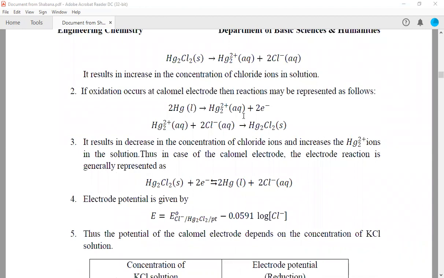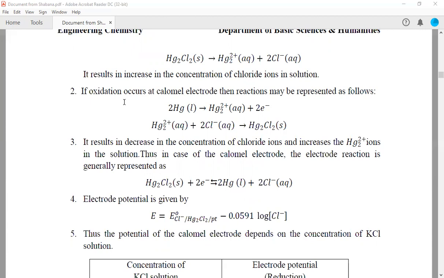Afterwards, Hg2Cl2 gives rise to Hg2 2+ and 2 Cl-, which are both in aqueous state. It results in increasing the concentration of the chloride ion in the solution, because the chloride ion comes out from the Hg2Cl2, so that the concentration of the chloride ion, that is KCl, will be increased in the solution.